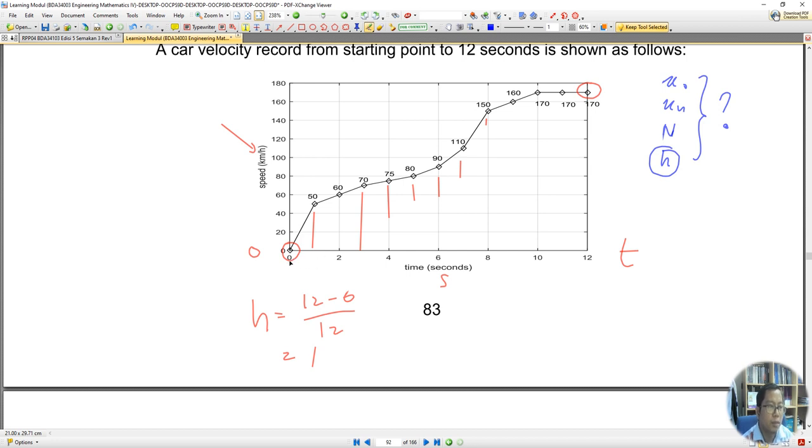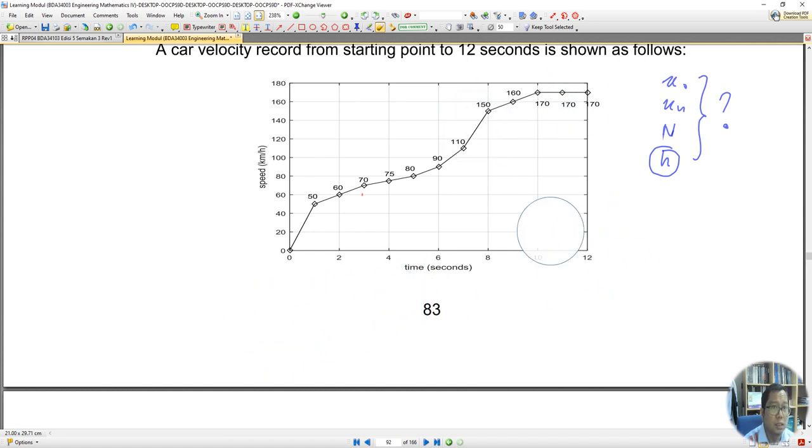So how you're going to get the h value is based on this. Basically h is the step size of x, and here x is denoted as t, time in seconds. The time here they give you is 1 second. I think there is no calculation here, you can just observe.